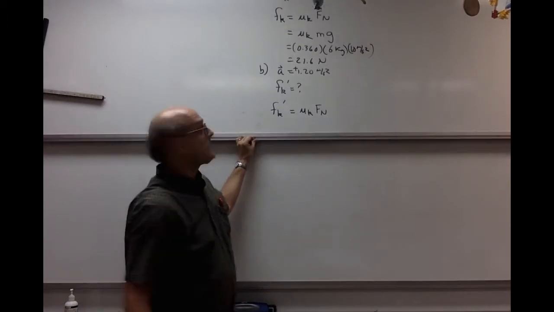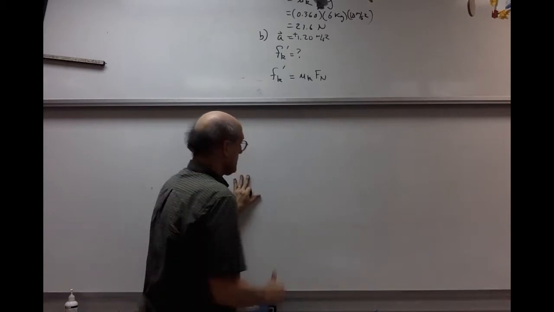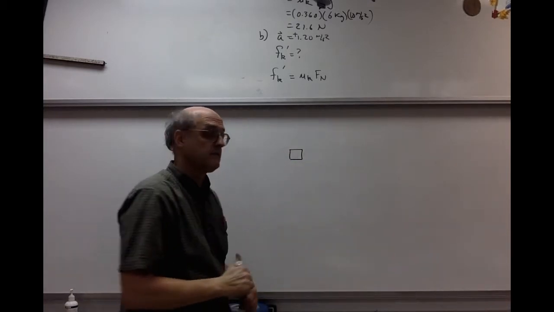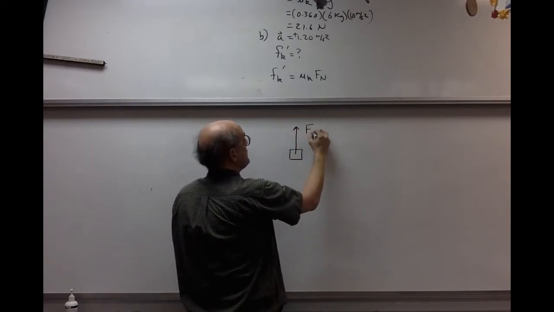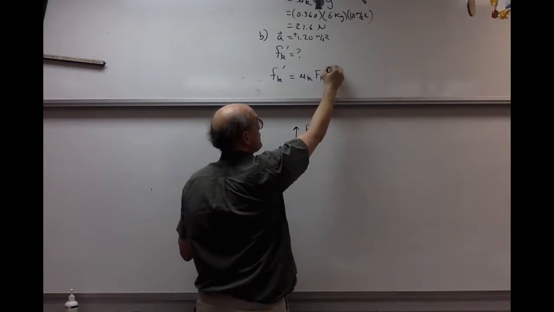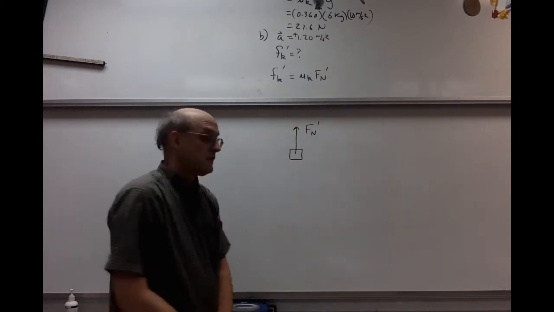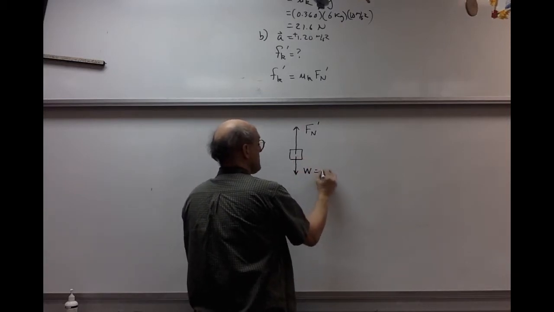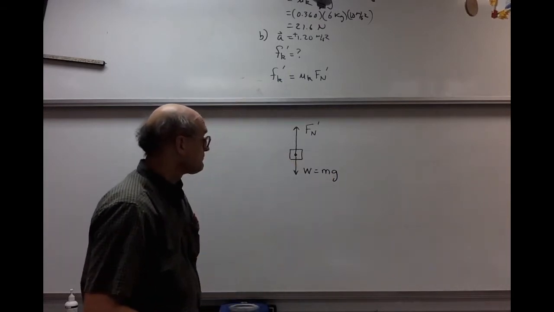Okay, can you still see that? Part B. There we go. All right, so here's the elevator. Well, the box in the elevator. We're going to look for the apparent weight, which we're calling Fn, and it's Fn prime, because it's different than previous. The weight of the box is mg, same as before.